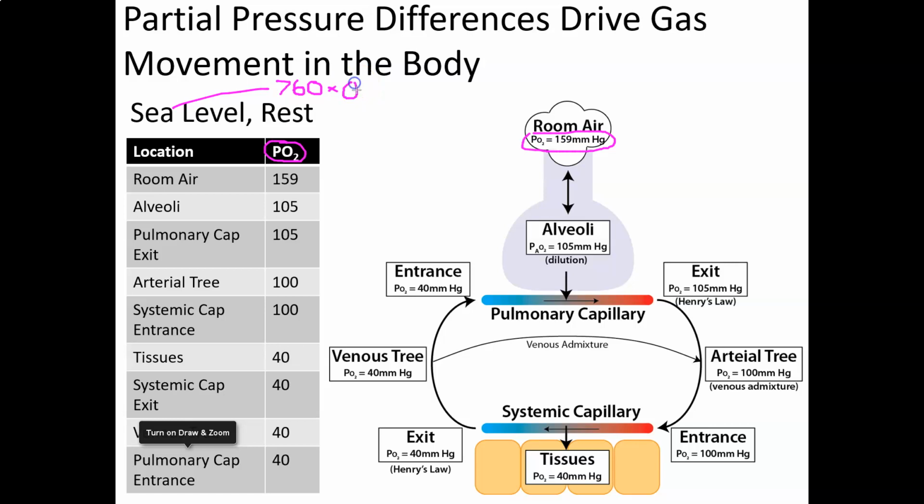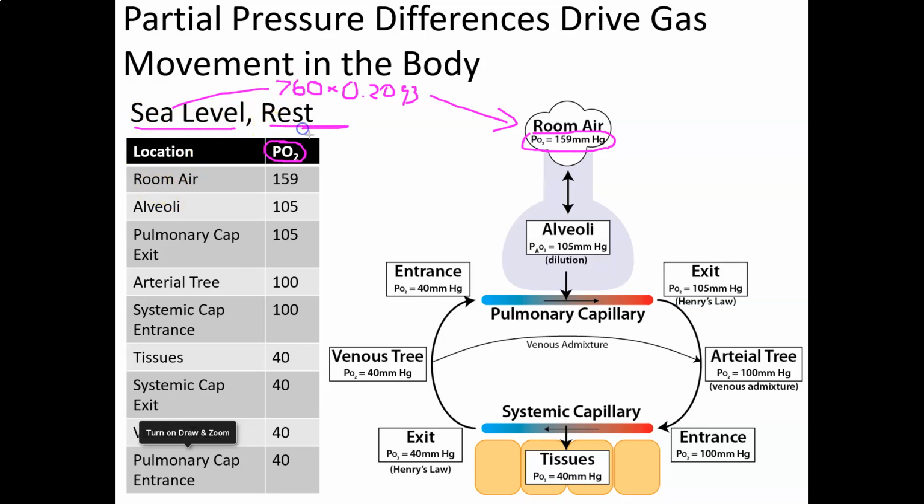So to go into decimal, it's 0.2093, and that's going to give me 159 millimeters of mercury. So we take the total pressure times the percentage of the gas, in this case oxygen, and that gives us 159. Again, we know it's 760 because we're talking about sea level.